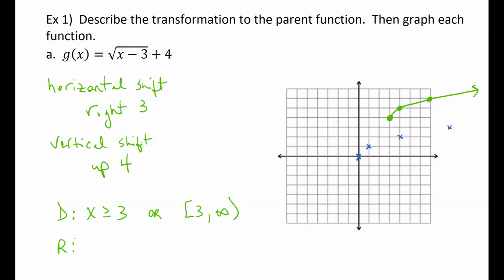And our range was also affected. What's our new range? 4 to infinity. Yes, and hard bracket on the 4 because that value is included. Okay.